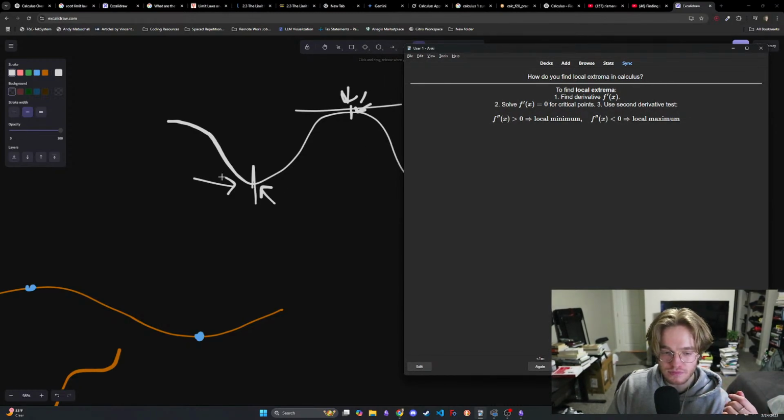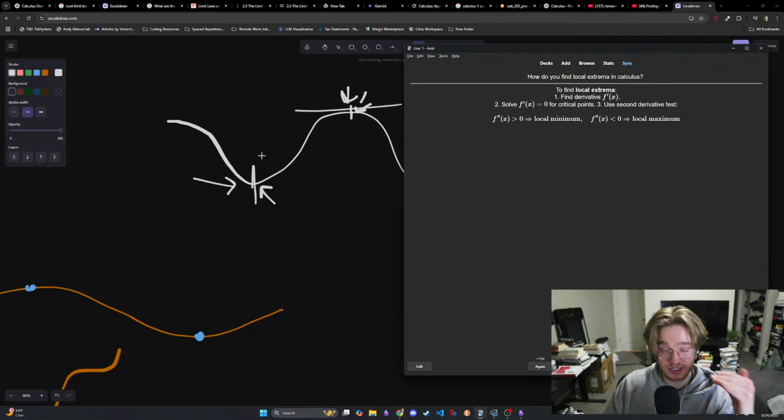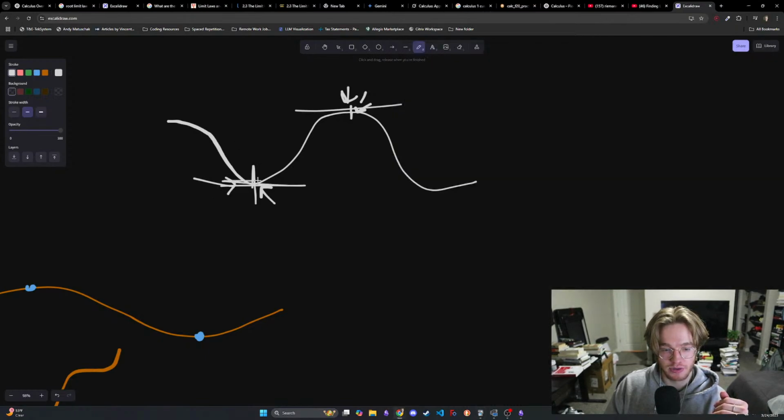It would make more sense to me if the local minimum was the 0 point, because for the 0 slope of our rate of change, say we're going down, it would be right here. So we're going to hit 0 slope at this point and 0 slope at this point.